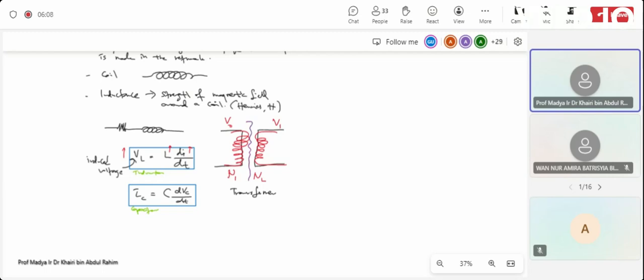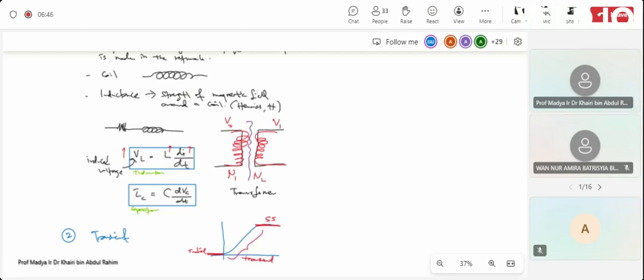Secondly, I would like to touch on the transient. Okay, transient. So transient, if you still remember yesterday, this is initial condition, and so over here is steady state. Okay, it has reached steady state. This is initial conditions, and over here is what we call transient.